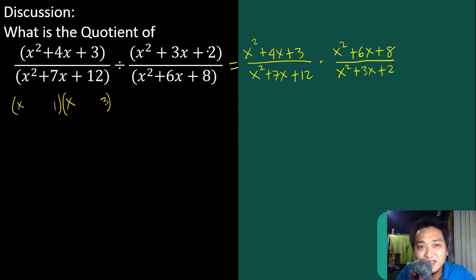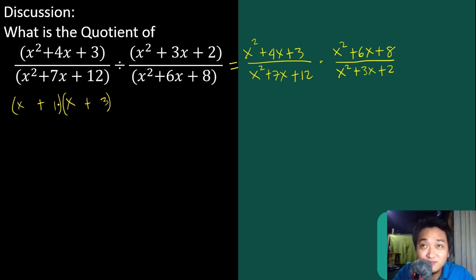Kung mapapansin nyo, lahat ata ng polynomials natin, puro positive, ano? So, that's one good thing. Mas madali silang i-factor pagka mga positive sila. Since puro naman yan positive, so, malamang, yung mga operation na sa bawat binomial is also pluses.